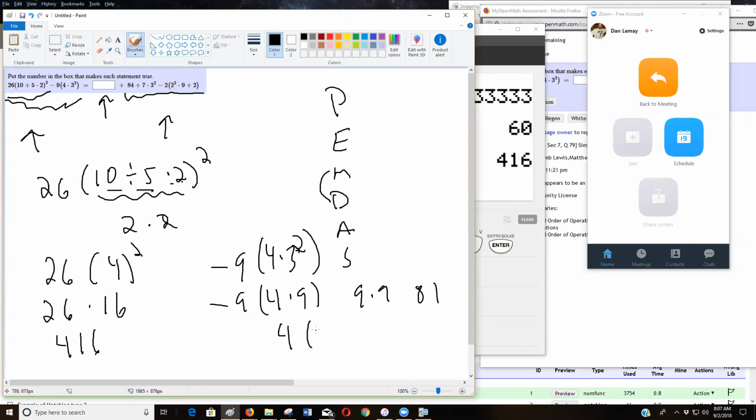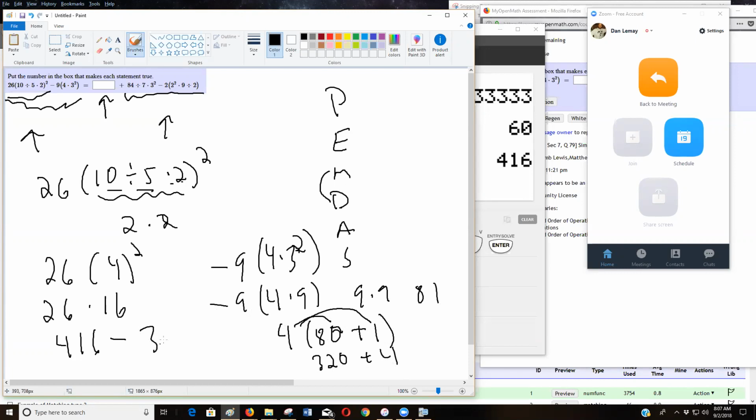Well, I don't honestly know what 4 times 81 is, but I know that I can write 81 as 80 plus 1, and then I can use the distributive property. That's 320, because I know 4 times 8 is 32, plus 4, so that's 324. And it's negative because the 9's negative.